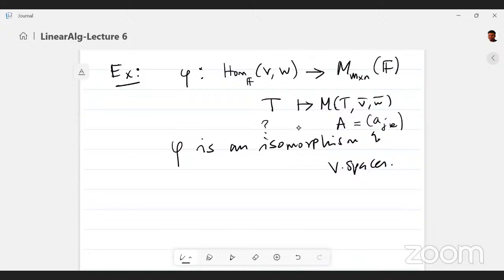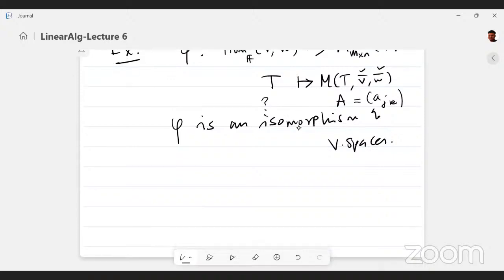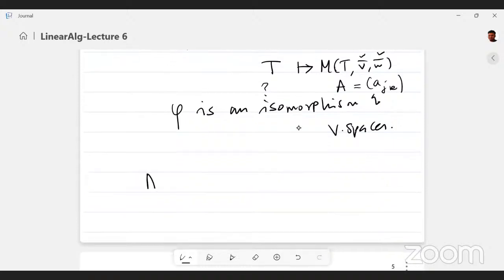Bases are fixed. This v bar and w bar are already fixed for capital V and capital W. So what I'm giving is only A, which is ajk.